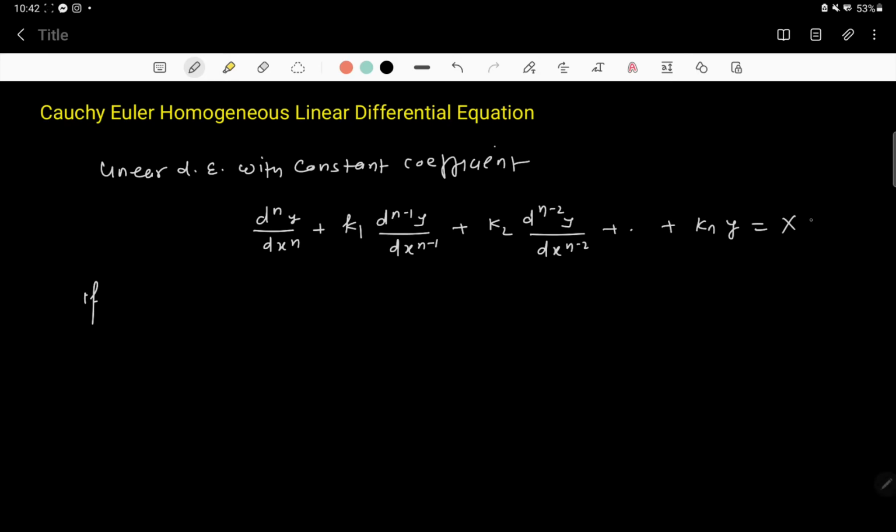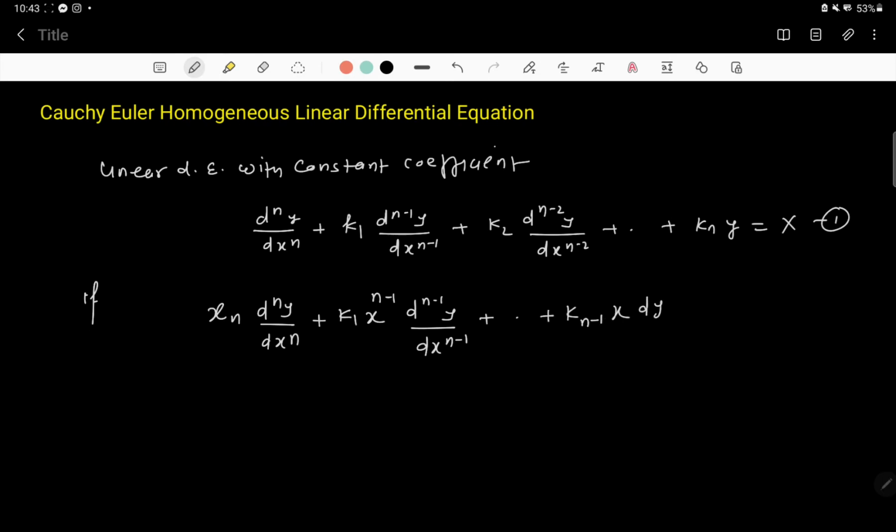The standard type of this equation will be: x^n d^n y/dx^n + k1 x^(n-1) d^(n-1) y/dx^(n-1), and so on, plus k(n-1) x dy/dx plus kn y, equal to some function of x.